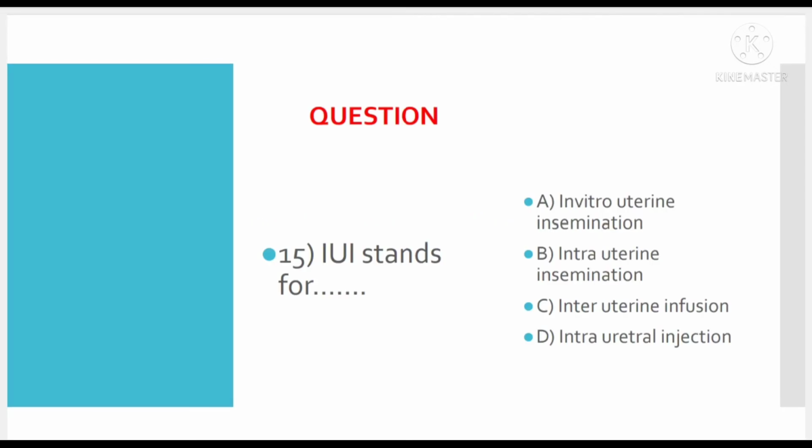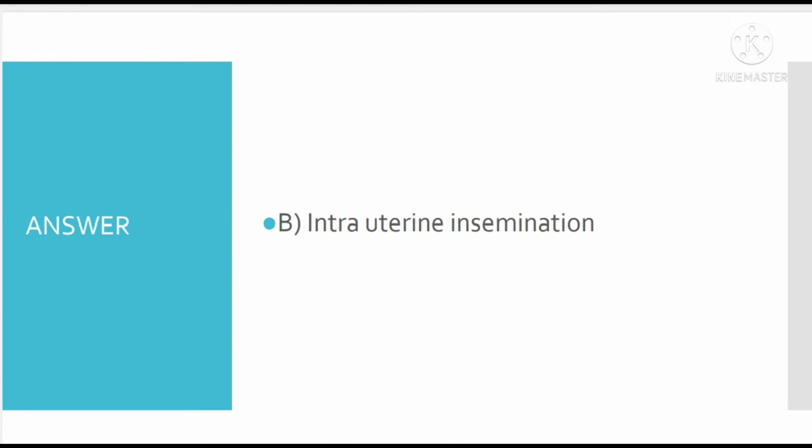Next question, question number 15. IUI stands for: option A in vitro uterine insemination, option B intrauterine insemination, option C interuterine infusion, and option D intrauterine injection. Here the correct answer: option B, intrauterine insemination.